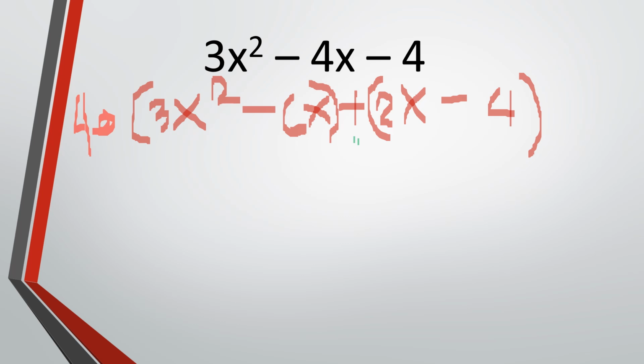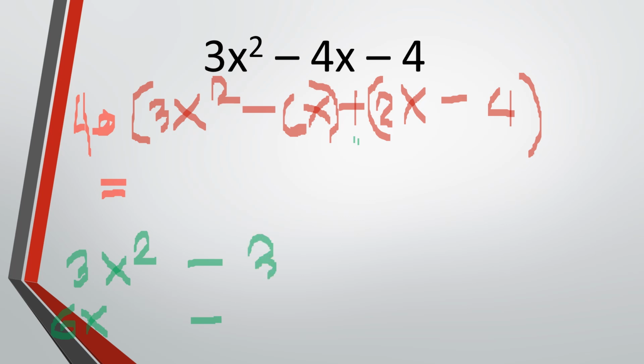Okay, you put equals here. Alright, our first term we have 3x squared, and our second term is 6x. Now, the greatest common factor of 3 and 6 is 3.